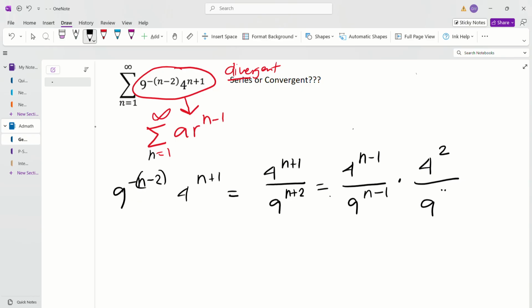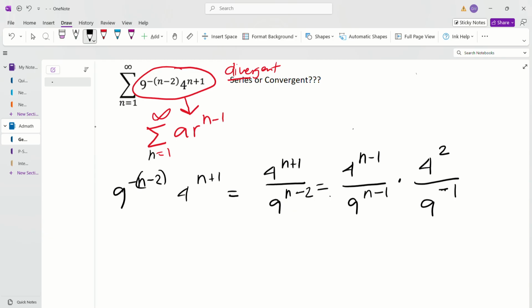Wait, it should be n minus 2, then the exponent here should be 9 raised to negative 1.